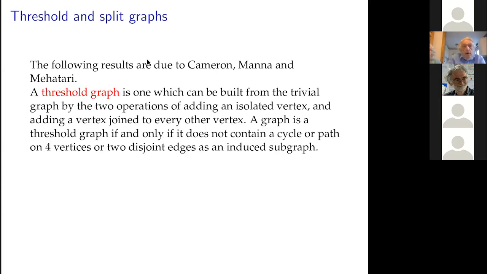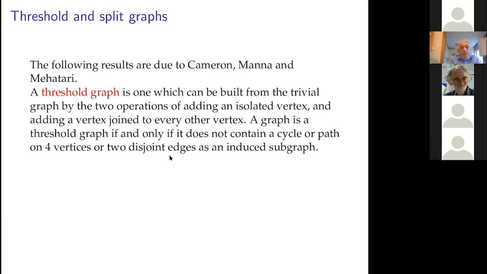A threshold graph is a graph that you can build from the trivial graph by two operations. You're allowed to add an isolated vertex, or you're allowed to add a vertex joined to every other vertex. So these are graphs with a particularly simple structure.